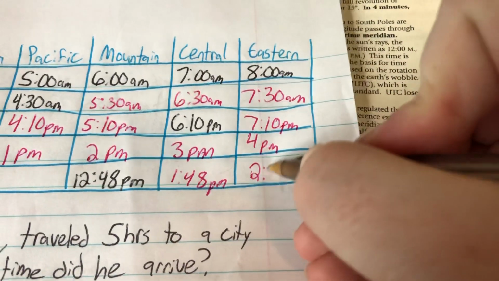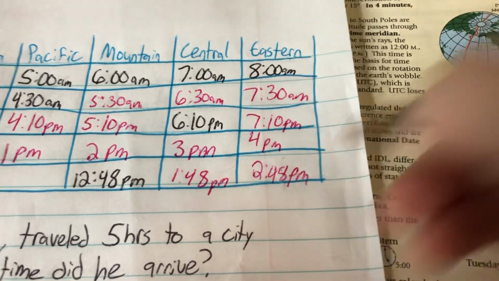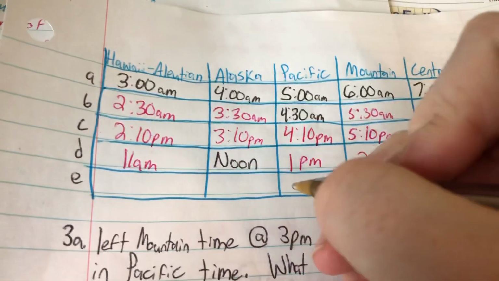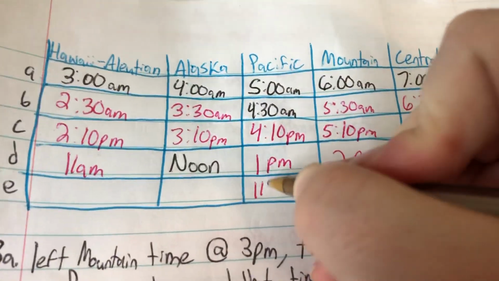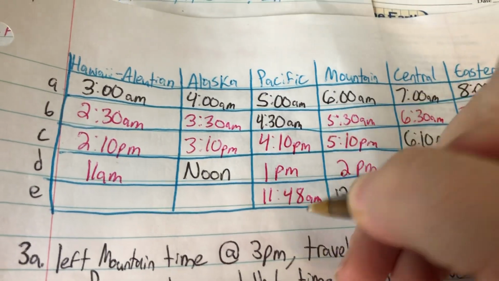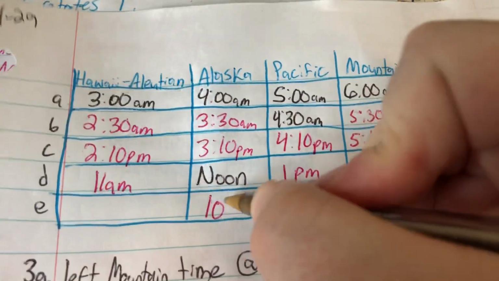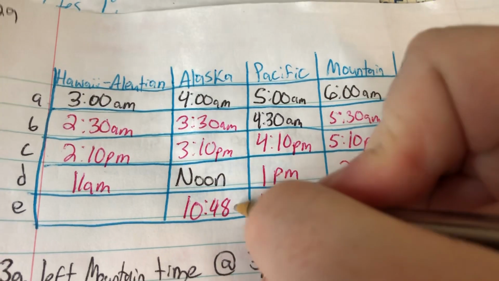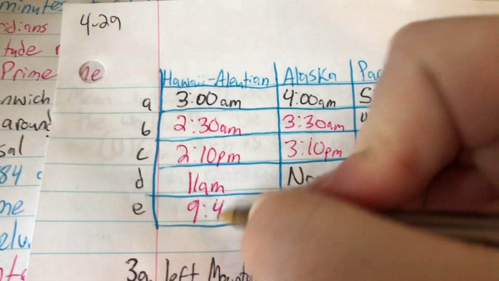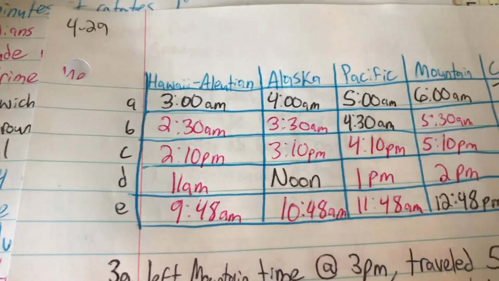Eastern would be 2:48 p.m. To the left, Pacific would be 11:48 a.m. because now we're into the morning. 10:48 a.m. for Alaskan and 9:48 a.m. for Hawaii Aleutian.